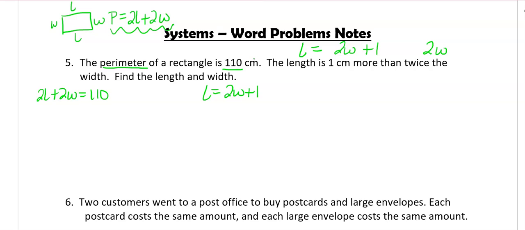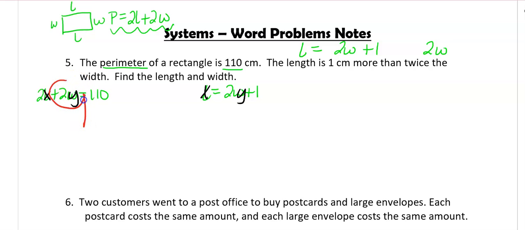I'm going to change that, and I'm going to make my L and my W X and Y. Okay. X and Y. X equals 2Y plus 1. So I've just changed them to make it easier on me for my calculator.